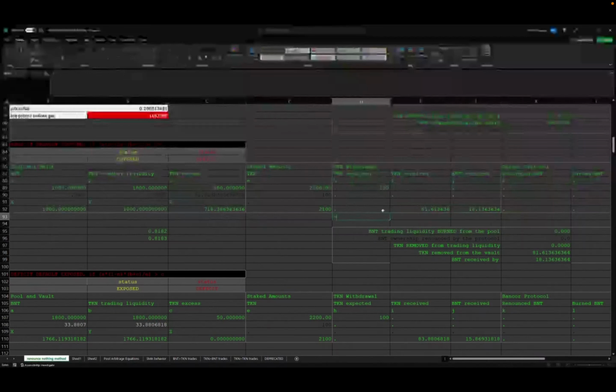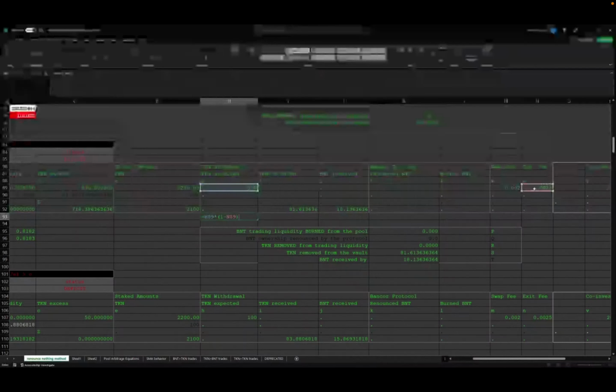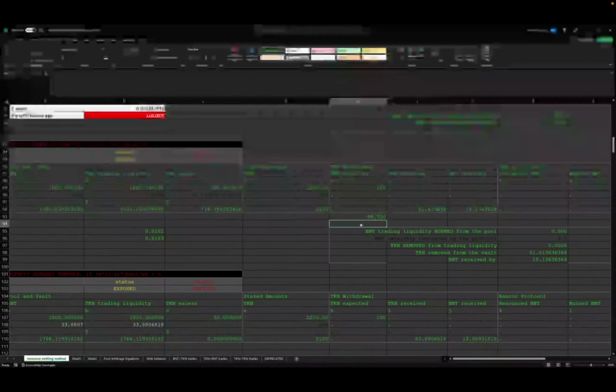So I can show you that now. If we take this number and we multiply it by 1 minus the swap fee, which should be 0.005. I mean the exit fee, sorry. We see the user should be receiving 99.75, right?